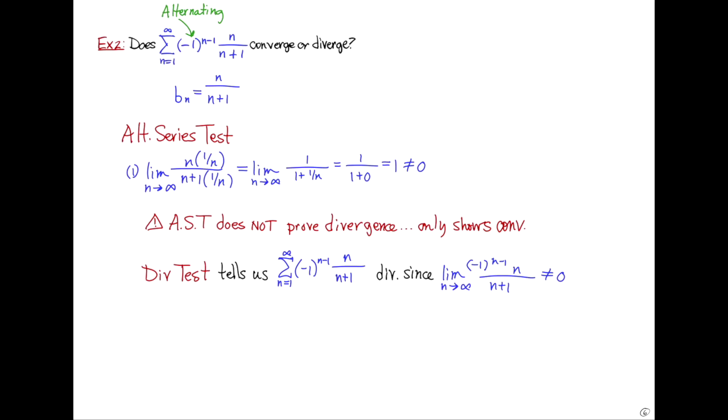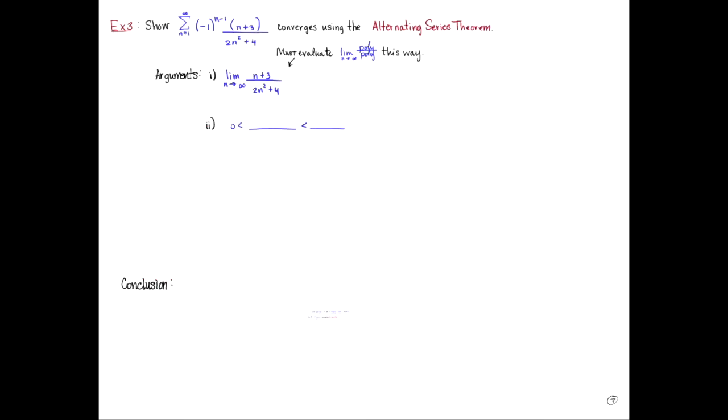Here we have the alternating series negative 1 to the n minus 1 times n plus 3 over 2n squared plus 4. And we want to show it converges using the alternating series test. I've started the outline of our arguments for us just to save us a little bit of time.